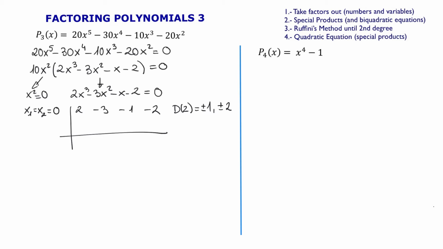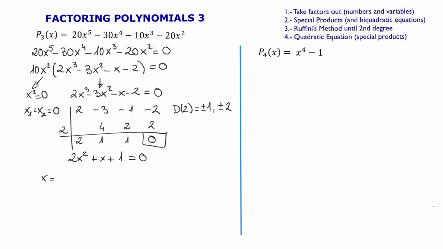We are going to try then with 2. 2 times 2 is 4, minus 3 is 1, times 2 is 2, minus 1 is 1, times 2 is 2, minus 2 is 0, so it works. The quadratic equation that I obtain is 2x squared plus x plus 1 equals 0.